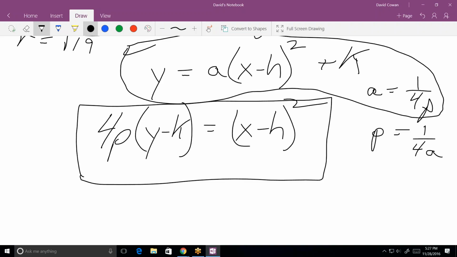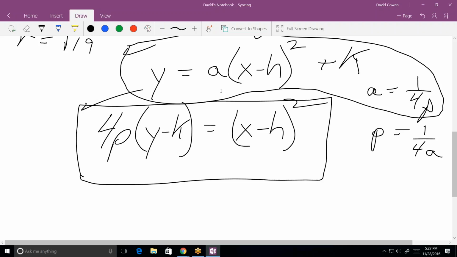In other words, all I've done is subtracted k from both sides, and I've divided by a, which puts the 4p there. Now, if you can take whatever parabola you have and put it into this format, then immediately you can solve for p, and you know where the focus is. So just a little bit of a heads up there.